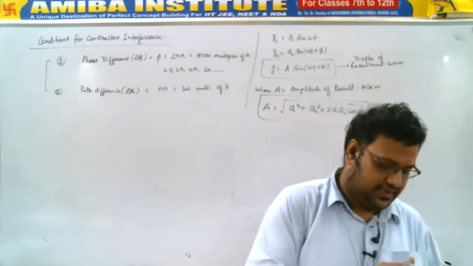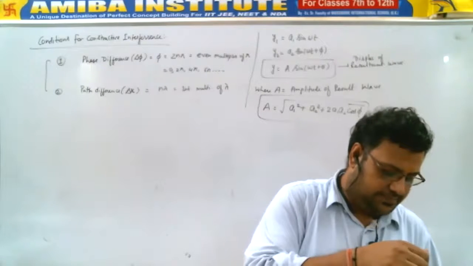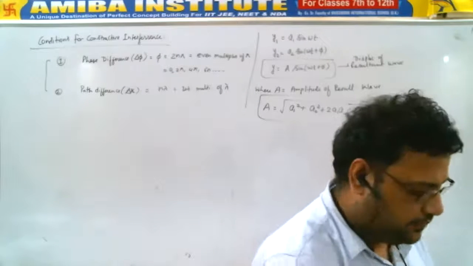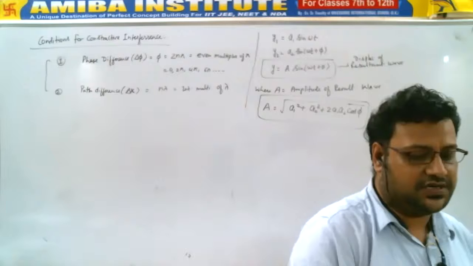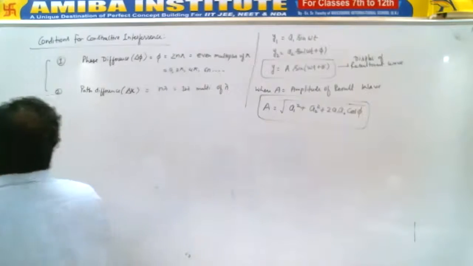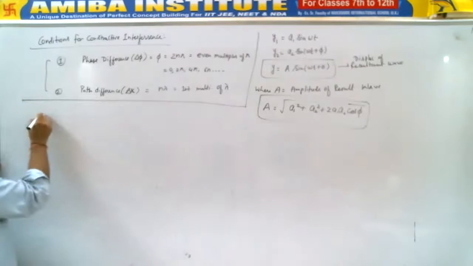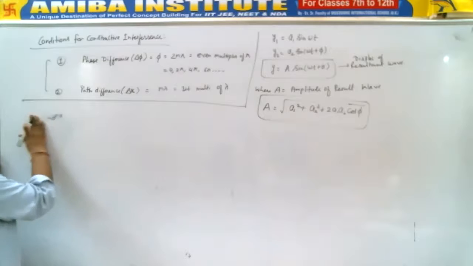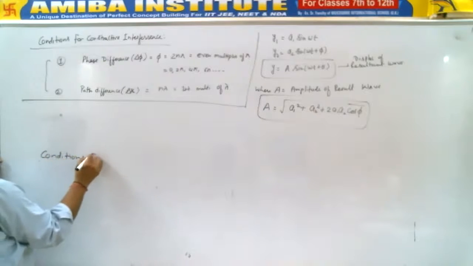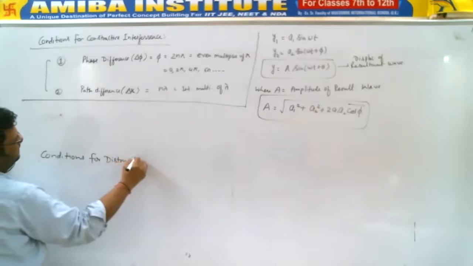Since it was quick because of the time lag, we couldn't do properly the condition of destructive interference, so I'm quickly revising it, although we did it. So, conditions for destructive interference.